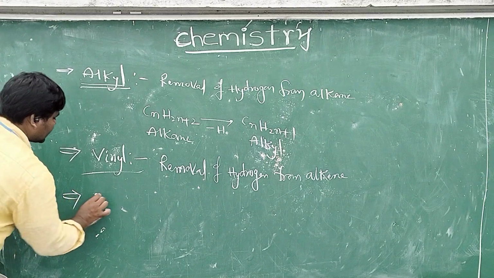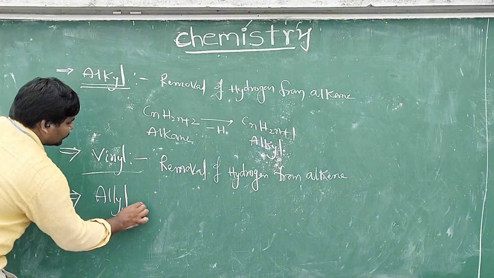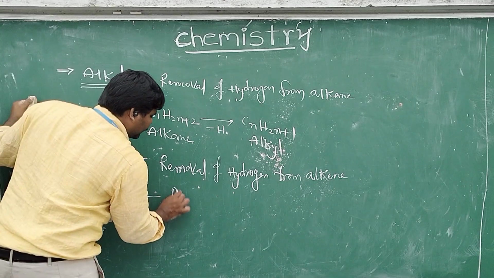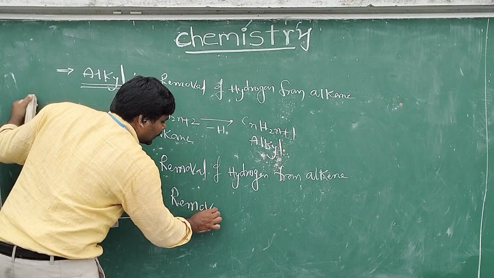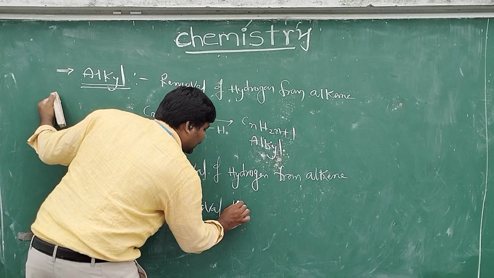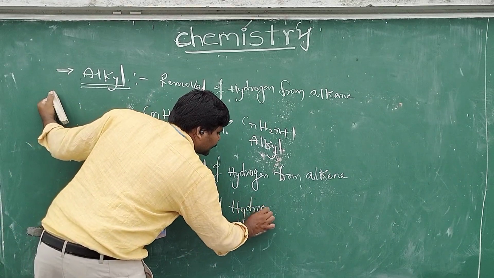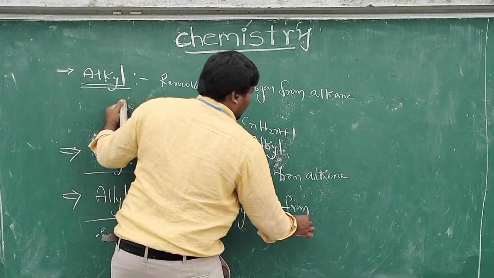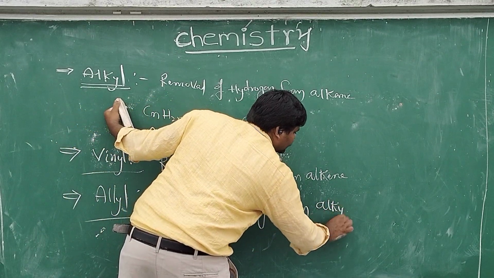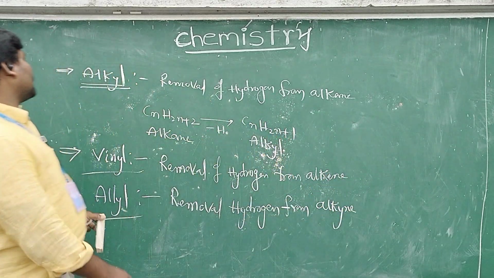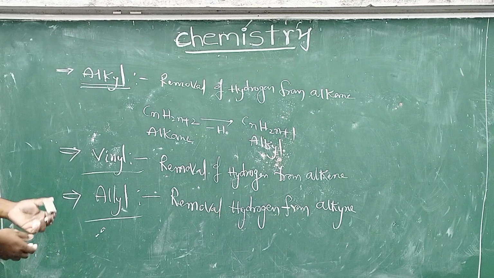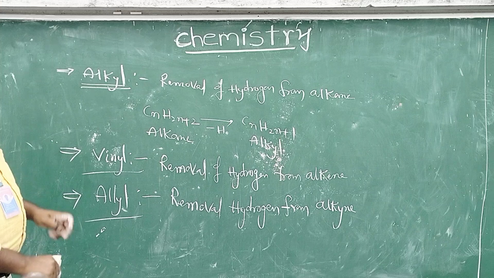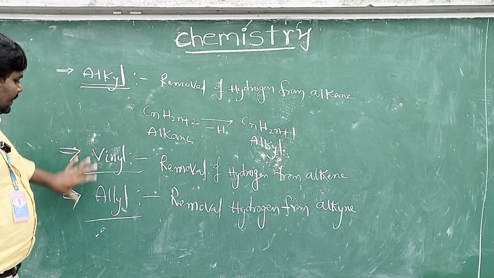The third one is allyl. Removal of hydrogen from alkyne is called allyl. So these are the important terms: alkyl, vinyl, allyl.